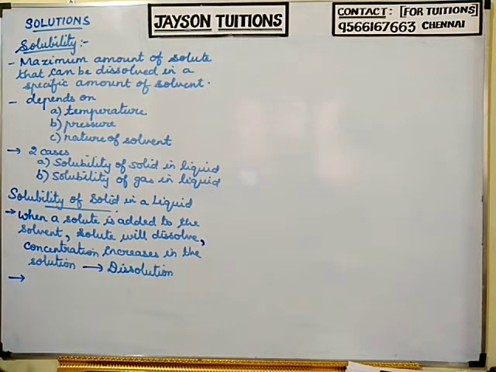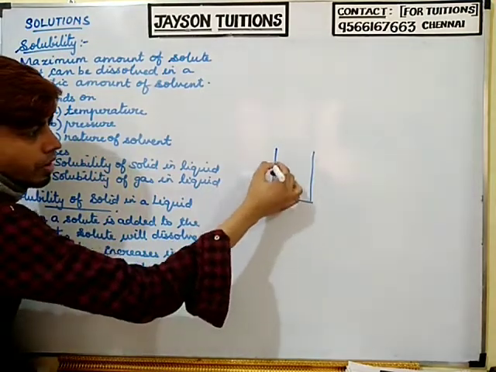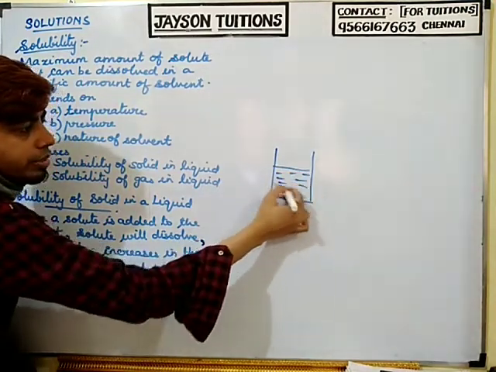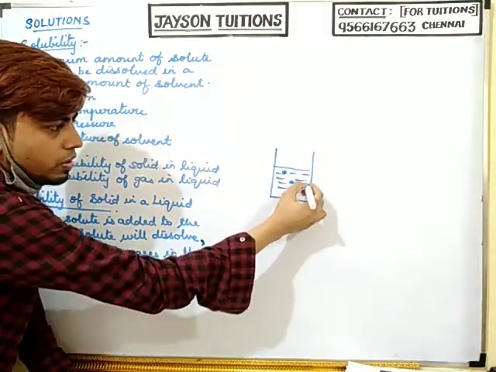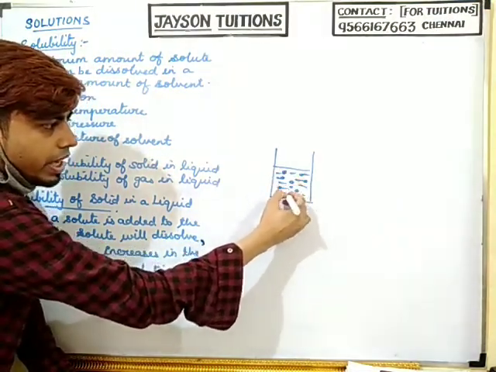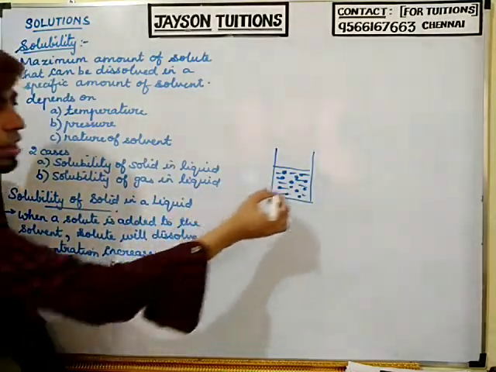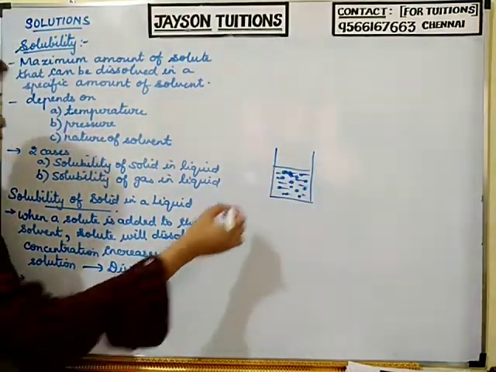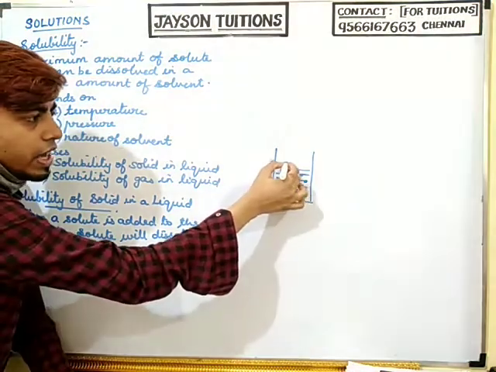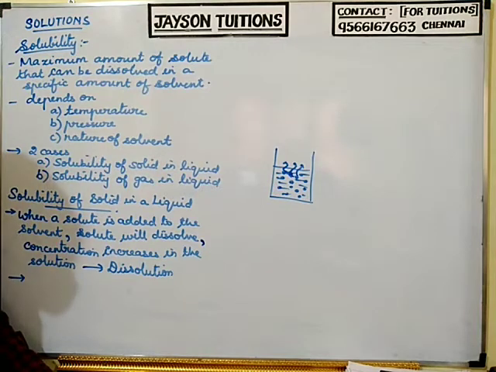Now, suppose I take one beaker of water. In this water, I am having solute particles. The solute particles will be continuously moving. When two solute particles collide with each other, they will come out of the water surface in the form of a crystal.